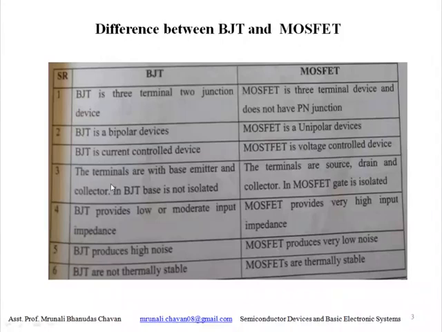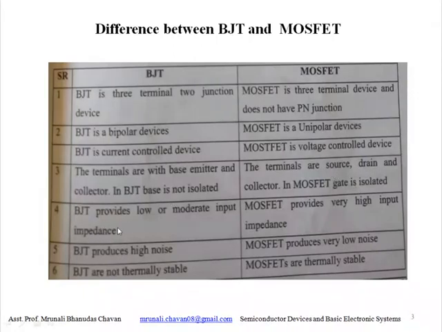Next, the terminals in BJT are base, emitter and collector. In BJT, the base is not isolated, while the terminals in the MOSFET are source, drain and gate, and in MOSFET the gate is isolated. We had seen this in the construction.